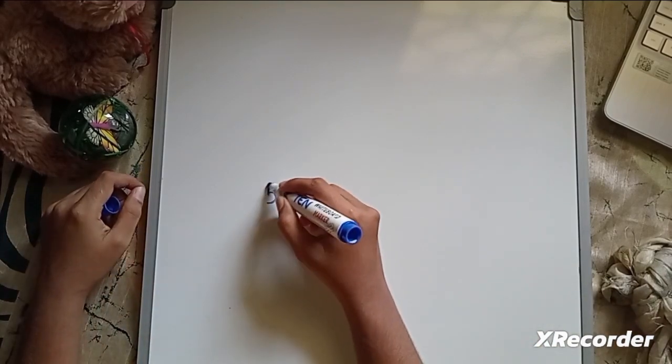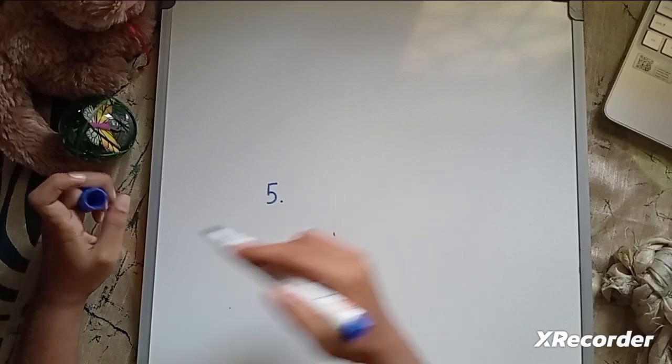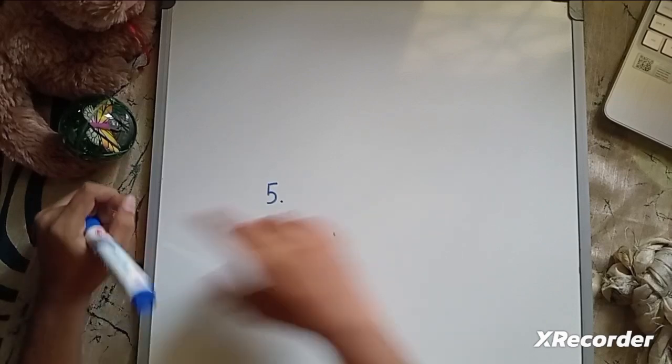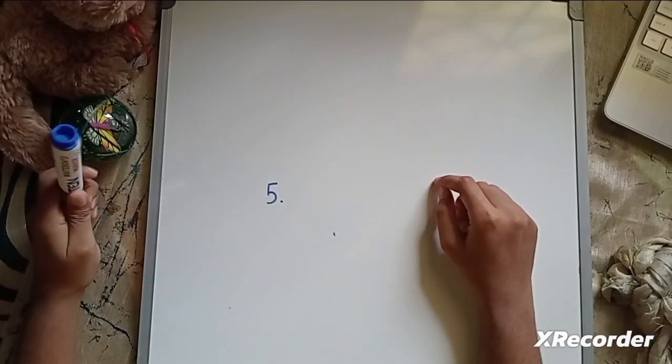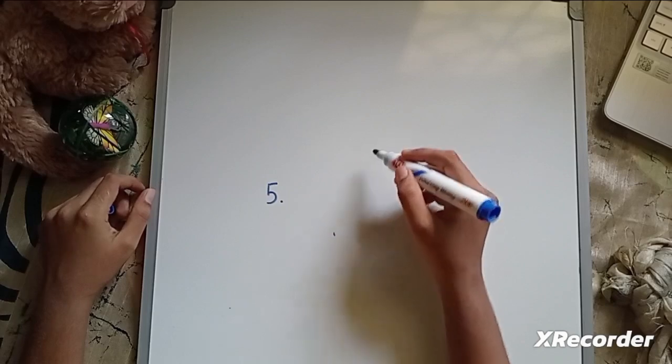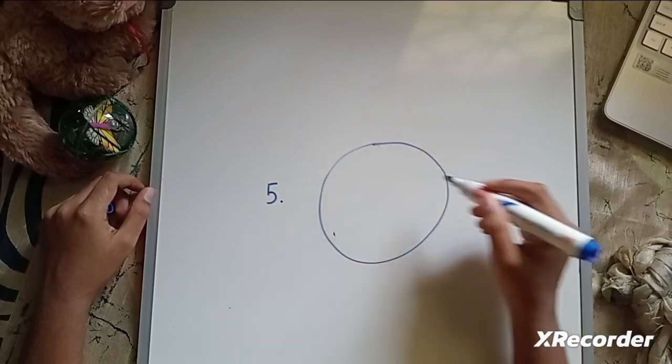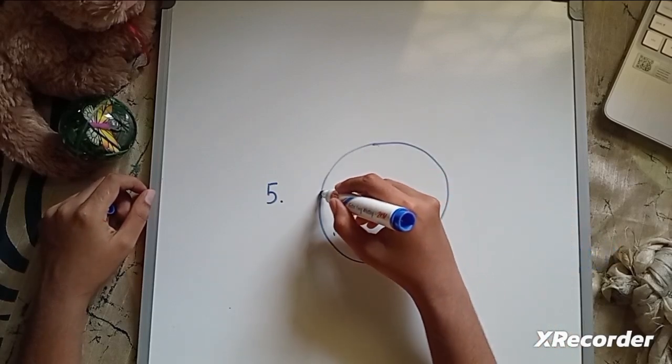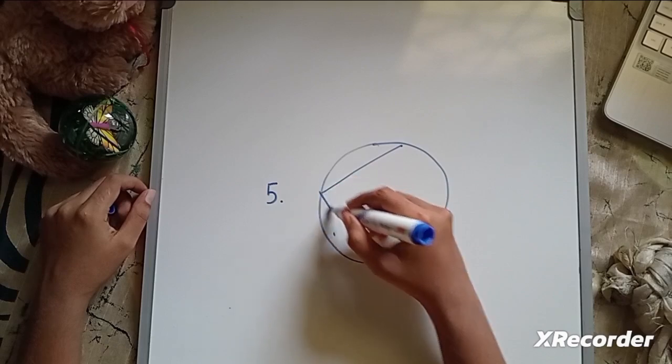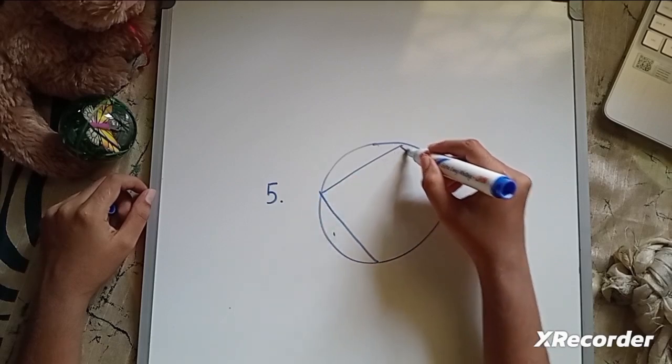Then the fifth question is: in the given figure, A, B, C and D are points located on the circle with center O. So let's draw this diagram. It's like this.